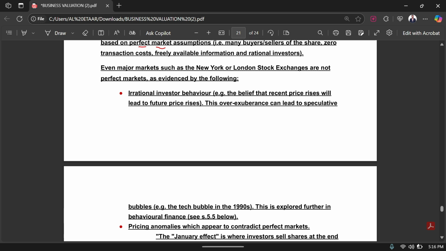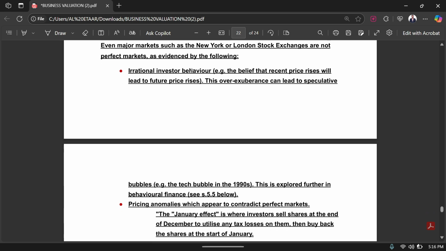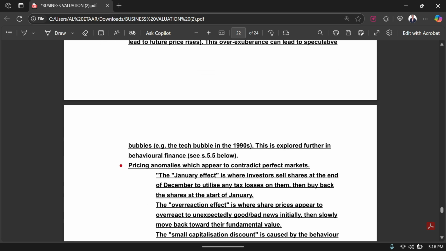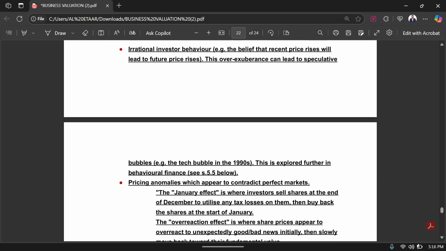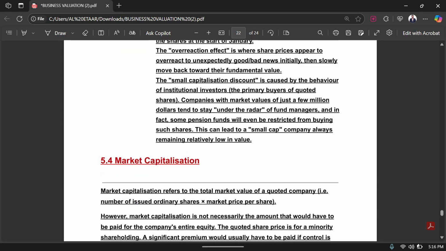For example, they believe that recent price rises will lead to future price rises. Over-exuberance can lead to speculative bubbles, for example the tech bubble in the 1990s. This is explored further in behavioral finance, which you will see in 5.5. Basically, the main point is that even the New York or London stock exchanges are not perfect markets, so this assumption is basically wrong.